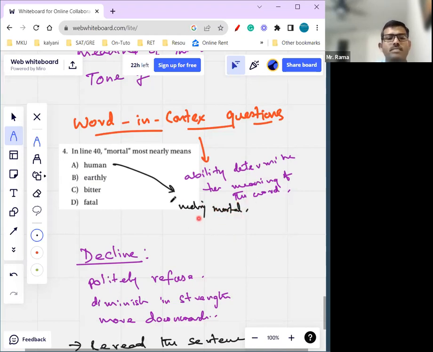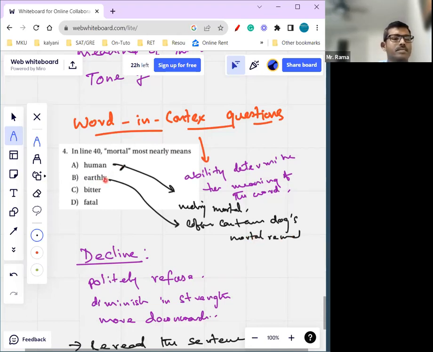But if it is earthly, like "the coffin contains a dog's mortal remains," in this context the mortal remains are earthly. So that's earthly, if I look at it in that context. And then if I say "bitter," basically, "they were mortal enemies."